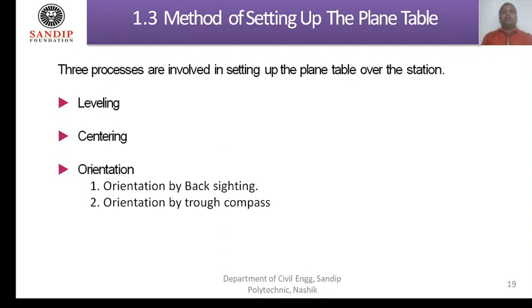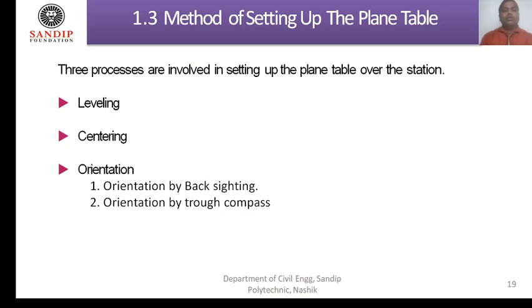Next are methods of setting up the plane table. Basically there are three steps in setting the plane table: leveling, centering, and orientation. In leveling, we have to fix the tripod stand firmly in the ground so that it will not slide.